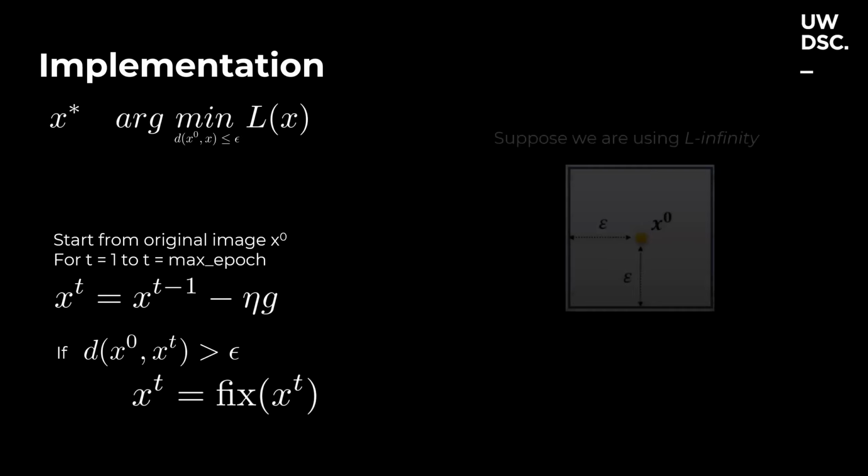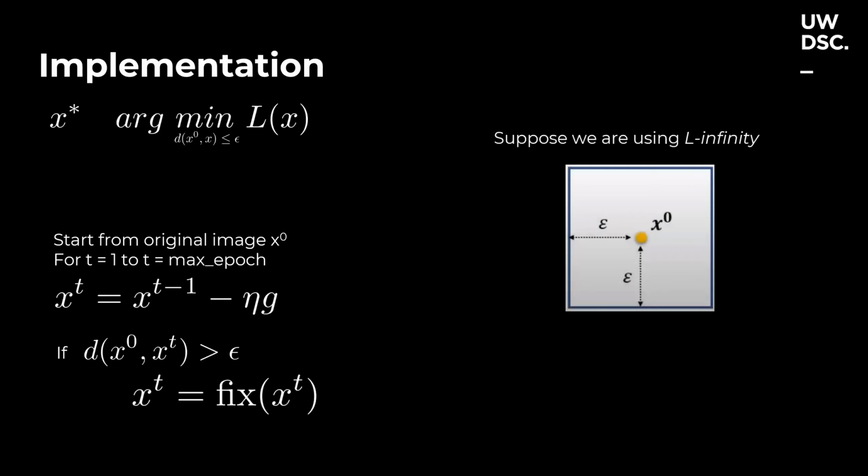So how do we do that? Let's say here's the optimization landscape. We landed at the red dot after the update, and we want to make sure our xt is within the blue box. So how do we fix it? We just drag it towards x0, and that's it.